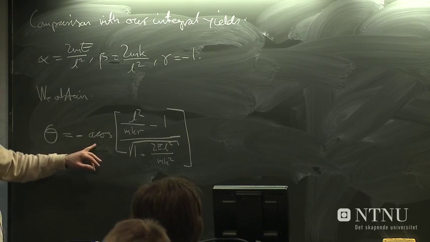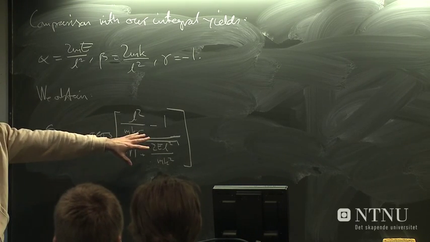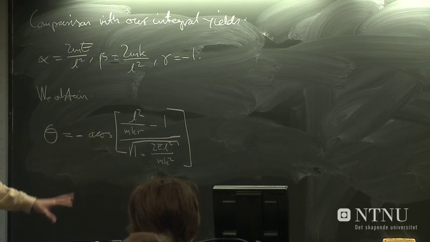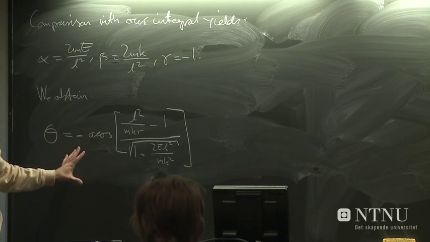We have theta equals minus arc cosine of some complicated function of r. But we can actually simplify this expression.